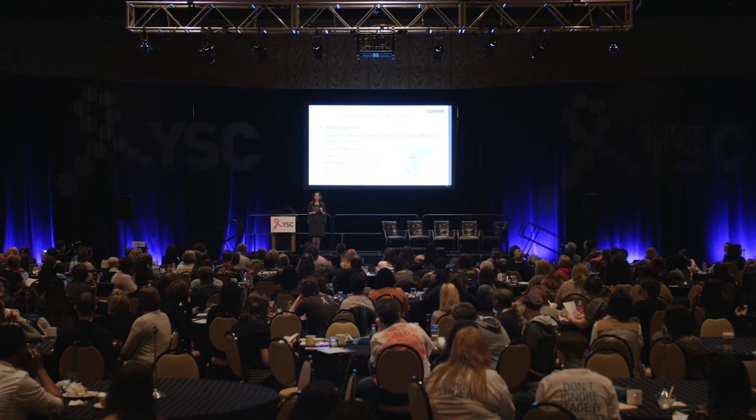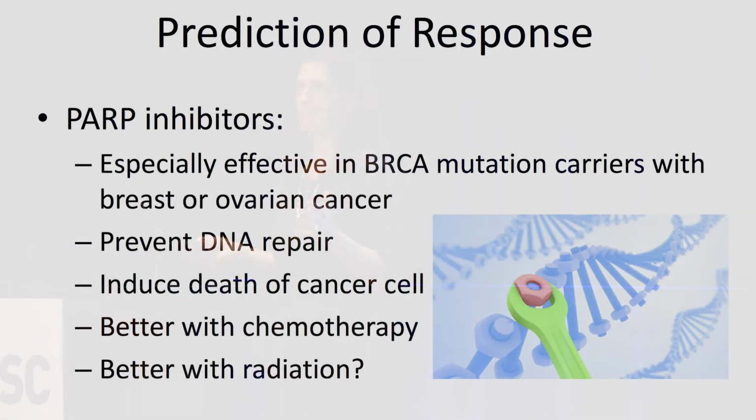Now, we can also use the genetics information, as I mentioned, not only to predict risk, but also response to certain chemotherapeutic or targeted agents. For example, PARP inhibitors. They are very in right now. They are found to be very effective in breast and ovarian cancers that are related to BRCA mutations.